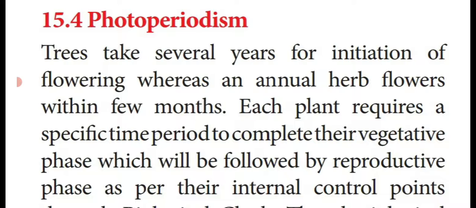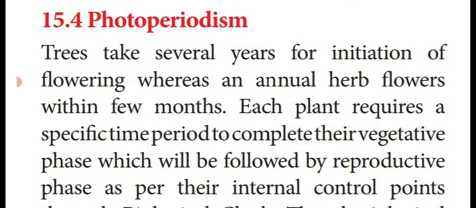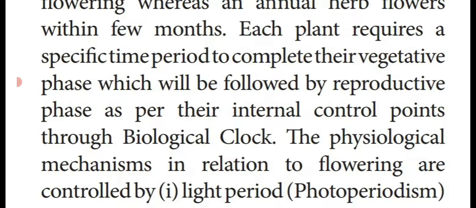So each and every plant requires a specific or particular period to complete its vegetative organs, followed by the reproductive phase, as per the internal control of plants, which is known as biological clock.